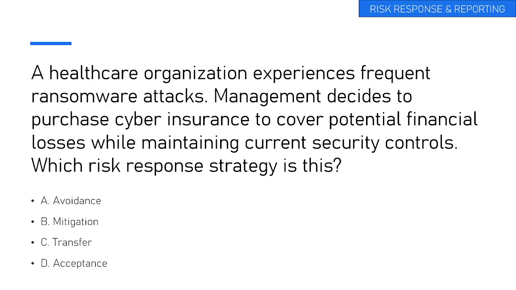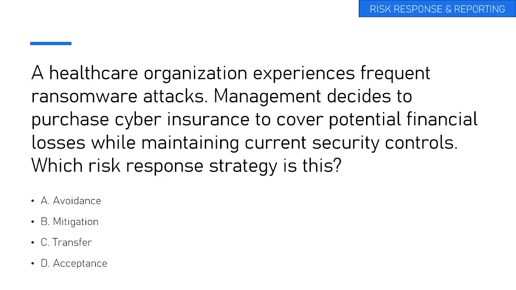Second one is about mitigation, which is reducing the likelihood of risk and the impact. That's not what's happening here, because they decided on purchasing the cyber insurance policy. And C, transfer, is more promising, and we talked about it before as well.